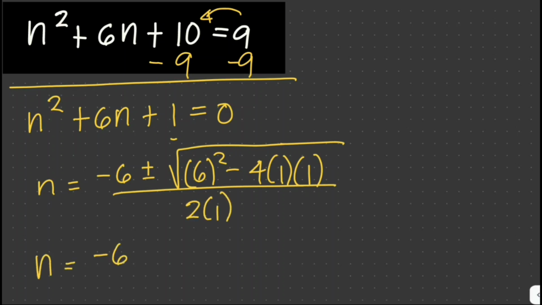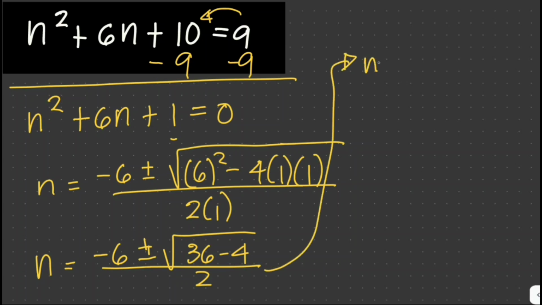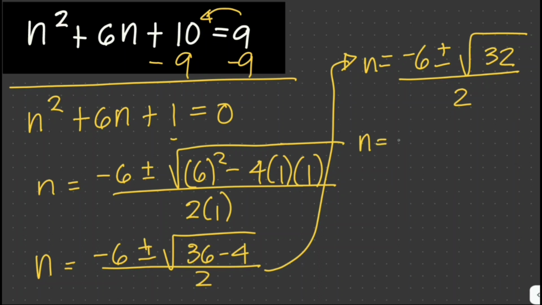And this is just negative 6 plus minus the square root of 36 minus 4, which is 32, over 2. 32 can be split as 16 and 2. So this is just negative 6 plus minus the square root of 16 times 2, over 2.